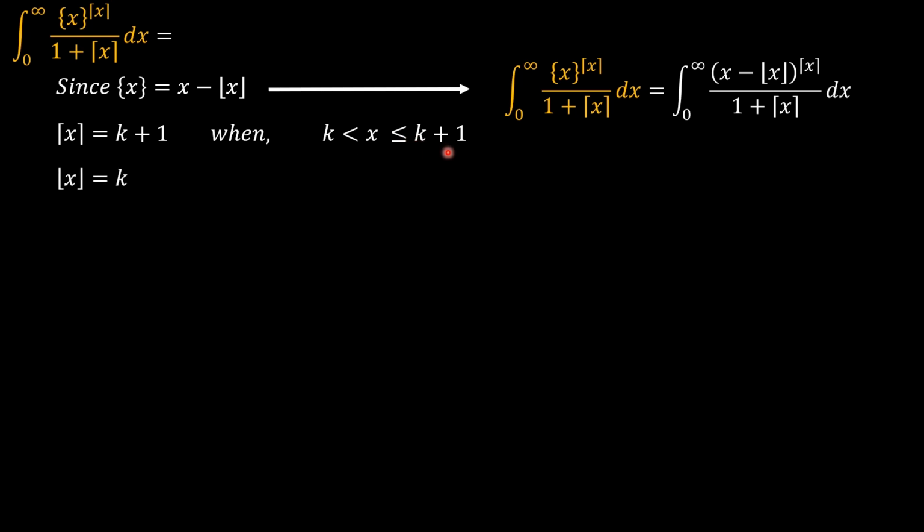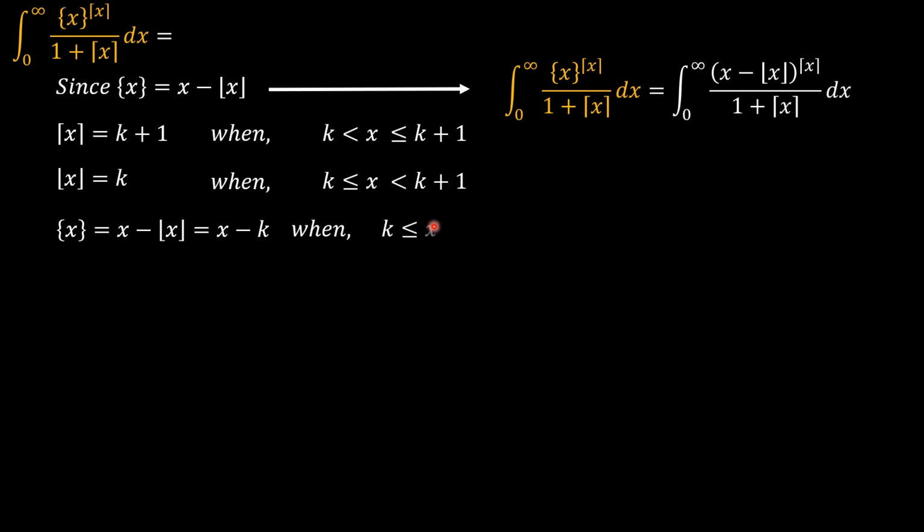The floor of x is equal to k when x is greater than or equal to k and less than k plus 1. Therefore, our fractional part of x is just going to be equal to x minus k in the interval where x is greater than or equal to k and less than k plus 1.